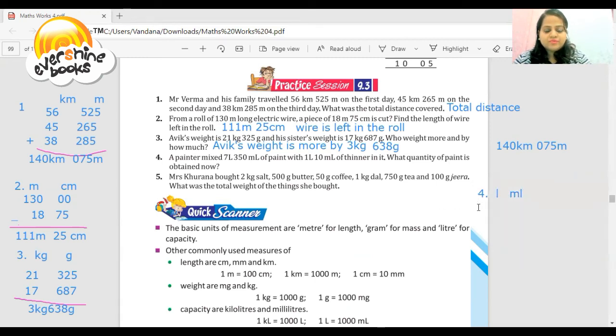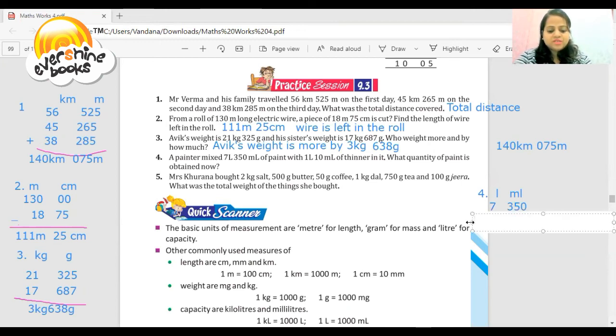Then you have to write here 7 liter 350 milliliter. Now 1 liter and 10 milliliter.